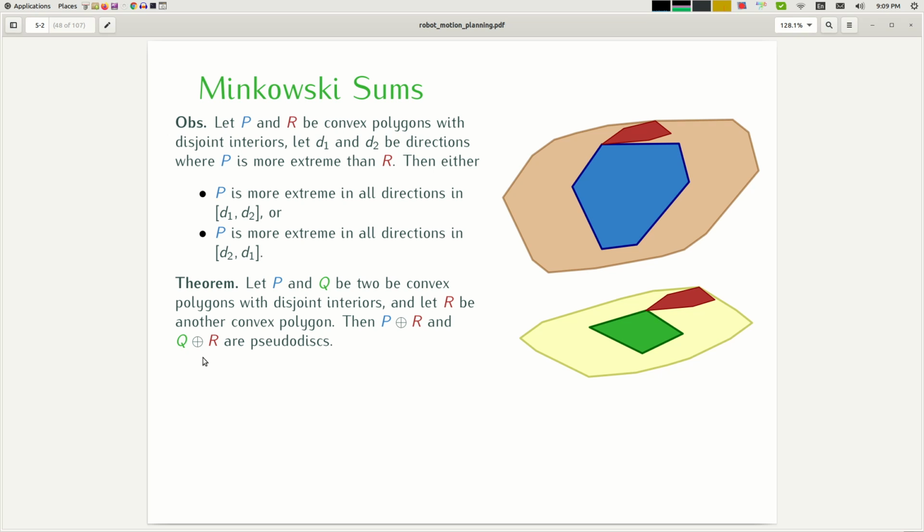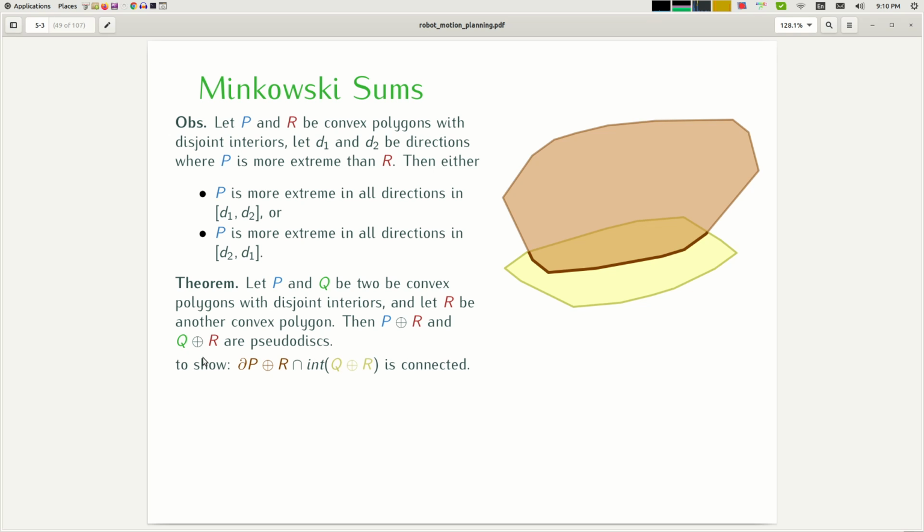And this is relevant because this shows that if you take the Minkowski sum of a bunch of convex obstacles, you get a bunch of pseudodisks. In other words, the complexity of a union will be linear.